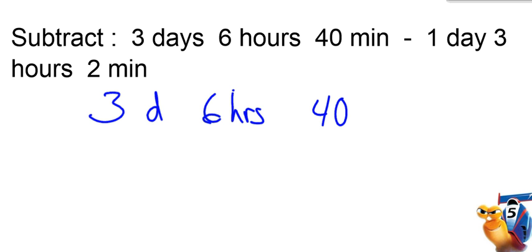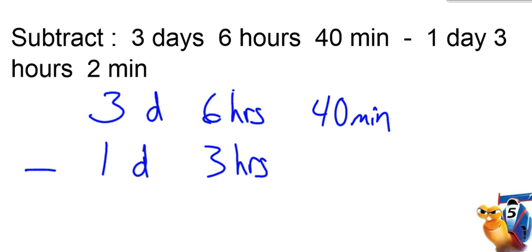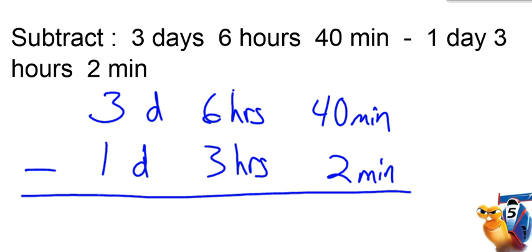And now I got 1 day, 3 hours, it's all cut off all over the screen, and then a simple 2 minutes. Once again, we have to start on the right side, just like with normal subtraction. We start with our minutes. We have a larger number minus a smaller number.